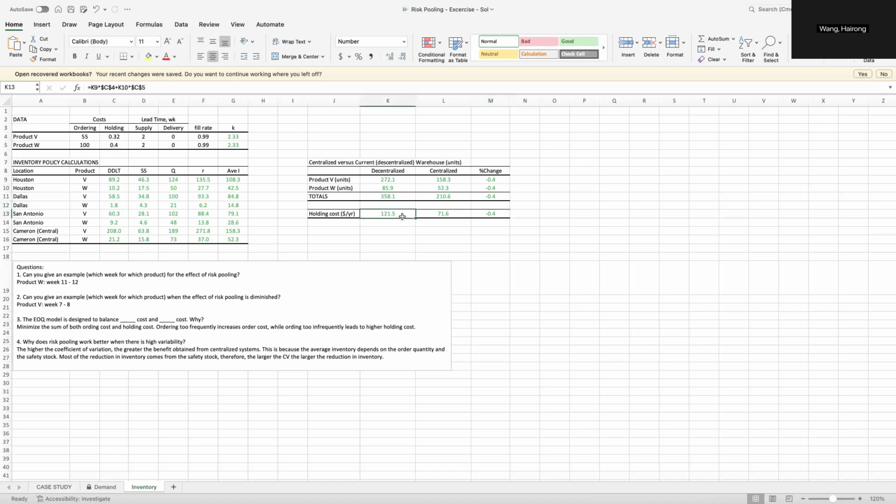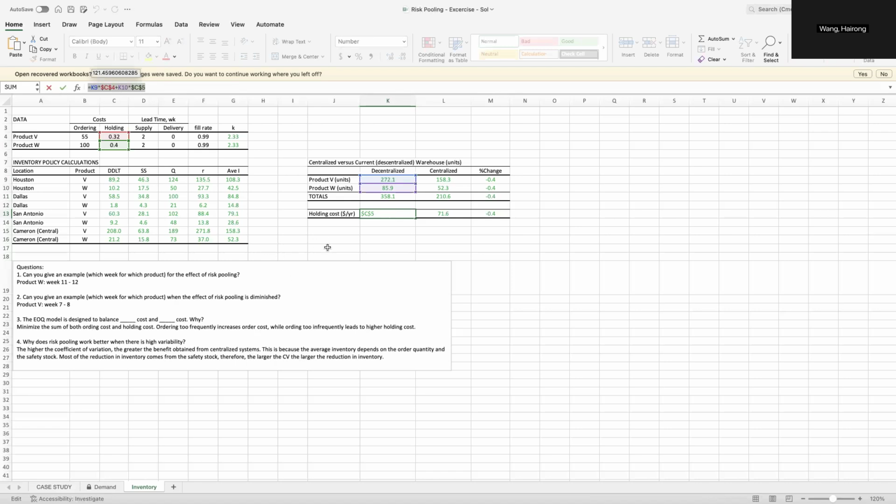And for the holding cost, because the holding rate for product V and W are not the same, we need to use the total number of product V times the product V holding cost rate, plus the total number of product W times the holding rate for product W here.